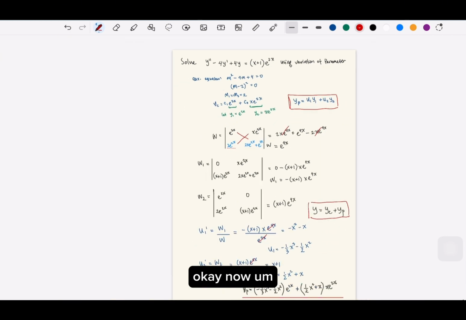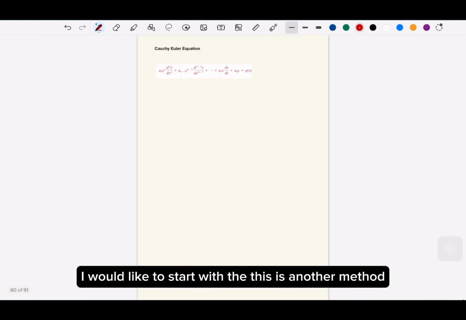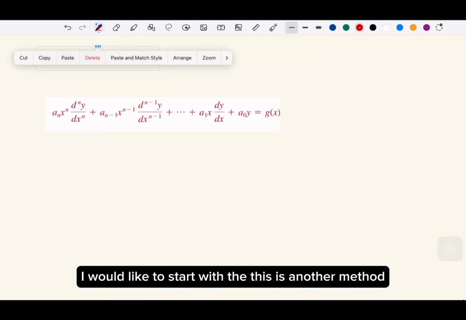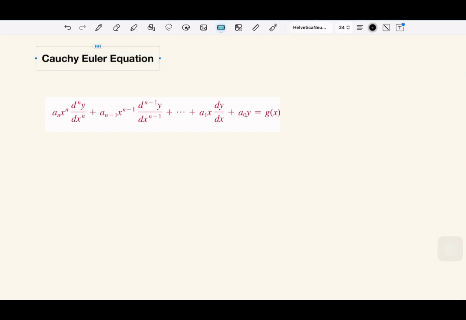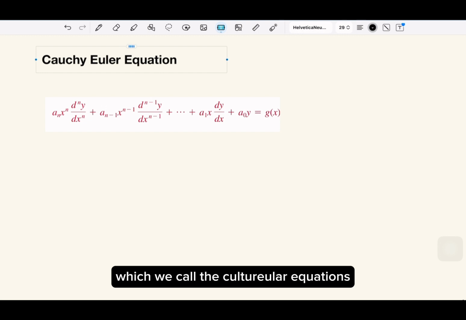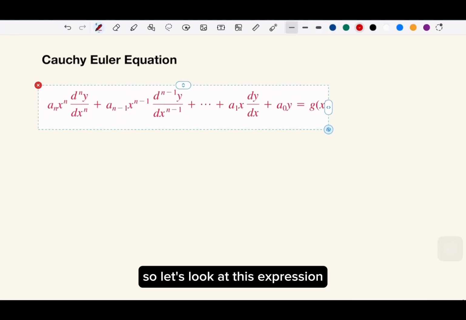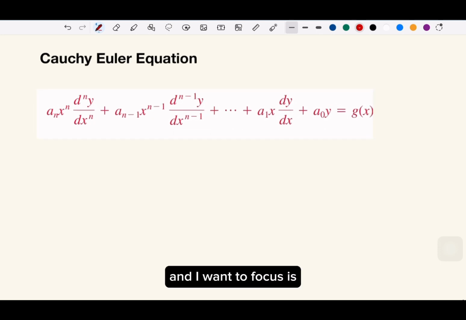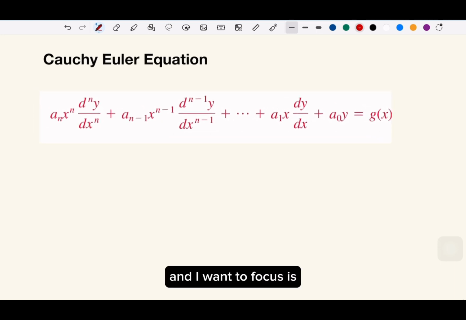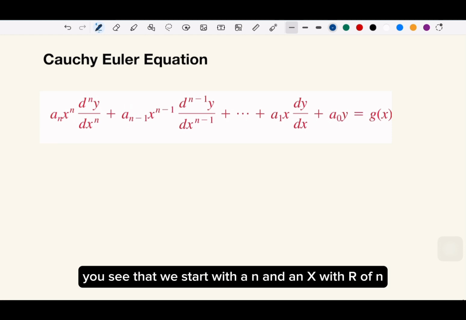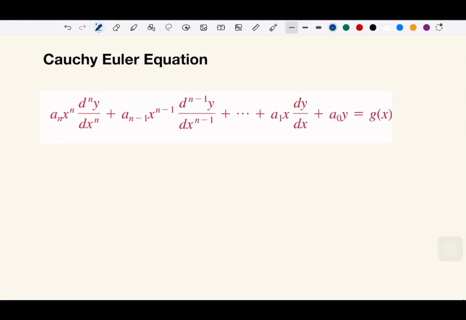Okay, now I would like to start with another method, which we call the Cauchy-Euler equations. So let's look at this expression. What I want to focus on is that you see we start with an and then x to the power of n and then d^n y dx^n.